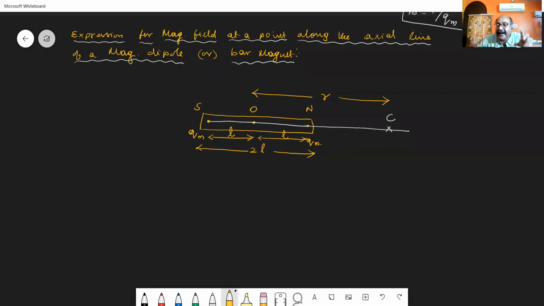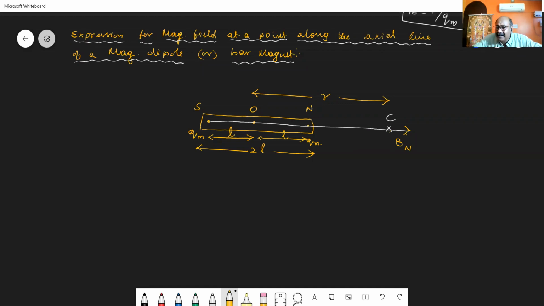The magnetic field experienced at C due to the north pole will be acting in what direction? It will be acting away from it, along the positive x-axis. That is, if you are calculating the magnetic field B at C due to the north pole, it will be acting along the positive x-axis.